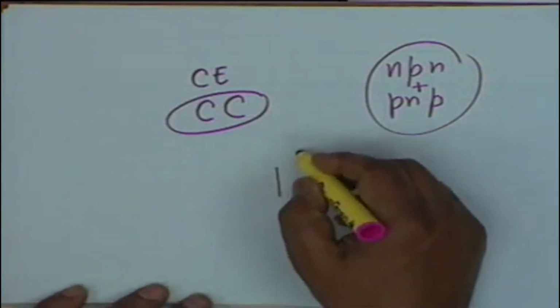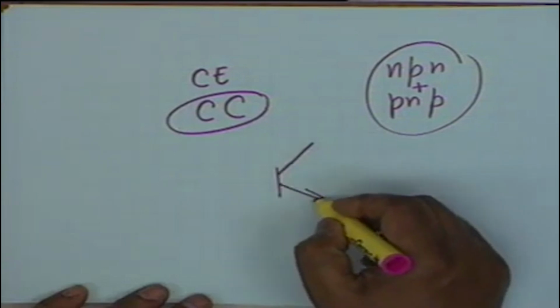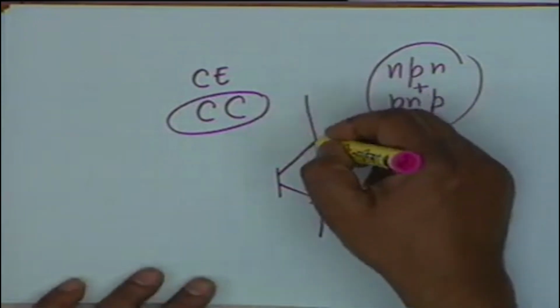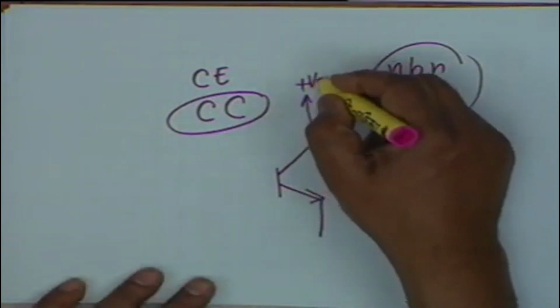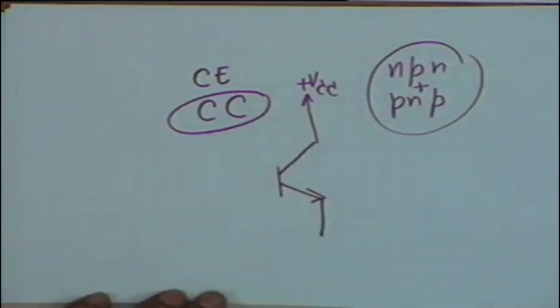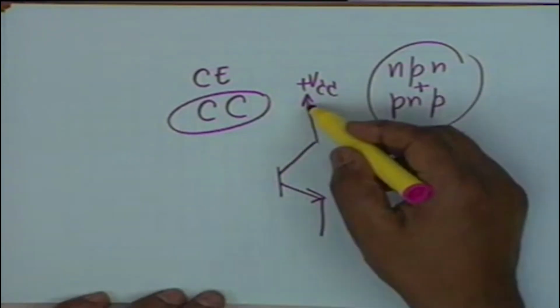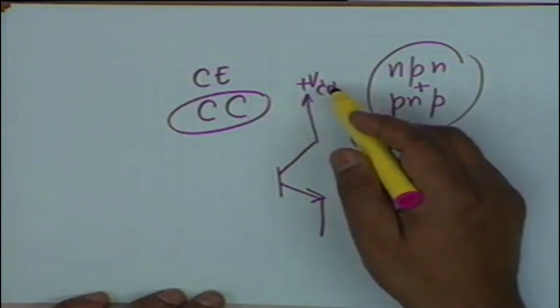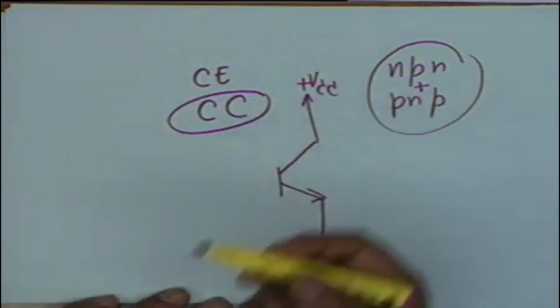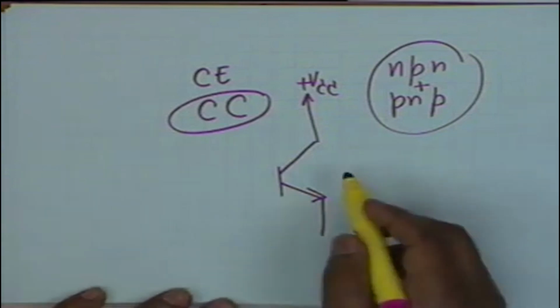Well, the actual circuit is like this. For each transistor, I am showing an NPN first, then I will show the PNP. The collector is connected directly to VCC. Then as far as AC is concerned, this collector is grounded. Agreed? As far as AC is concerned, collector is grounded, and this is why the name common collector.